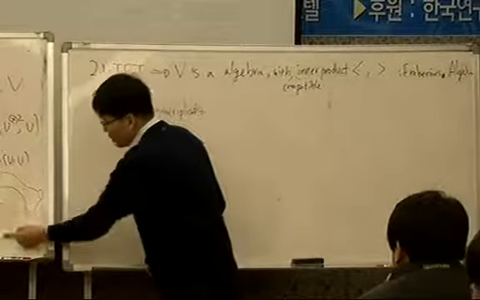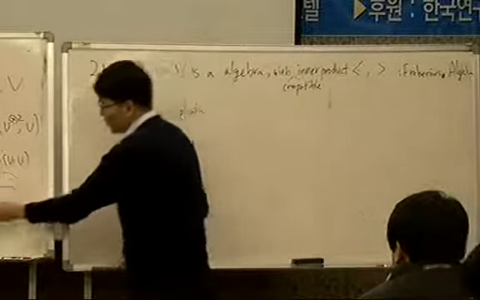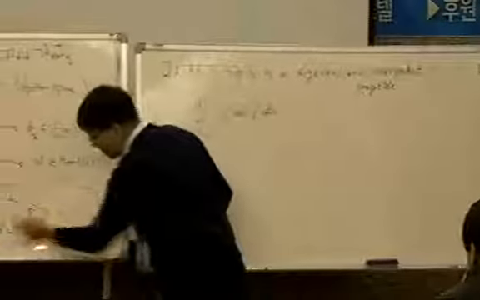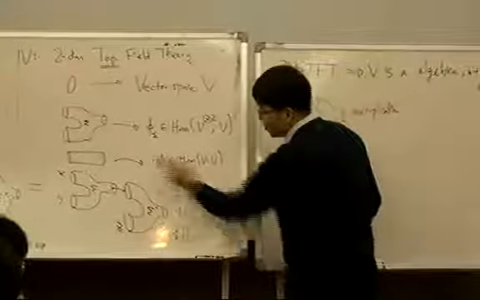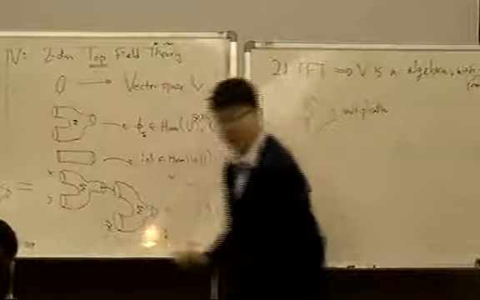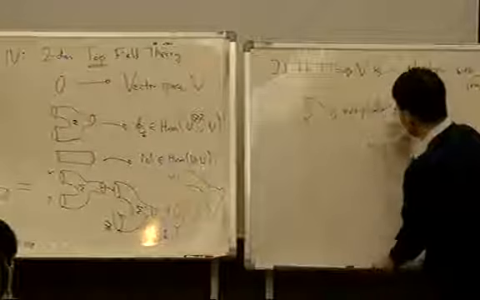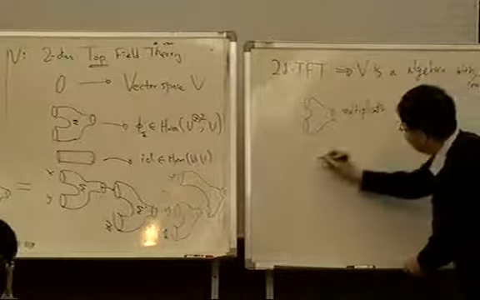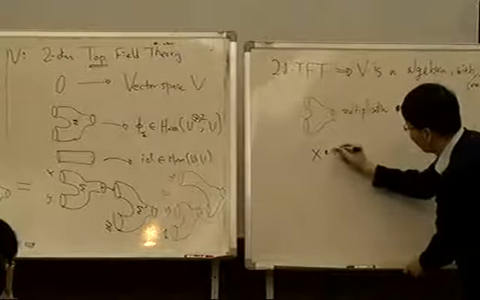You can compose y and z first and then x, or you can compose x and y first and then z. But topologically, when you glue, that always has to be the same. So what that means is this multiplication satisfies associativity.